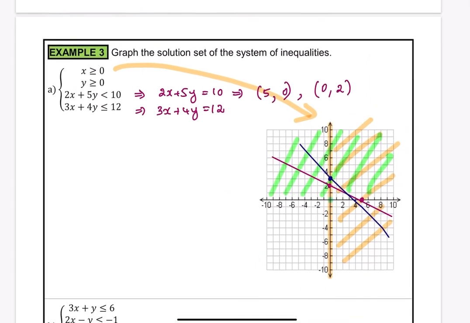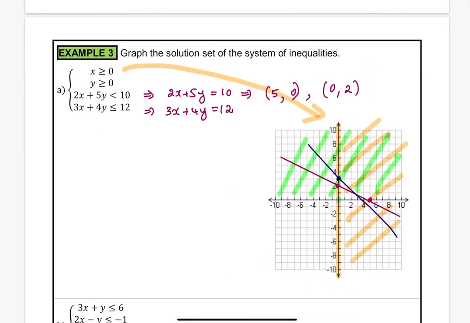Now let's take a look at all these conditions, right? Both of these have positive y here, which is less than over there. So that means it's below these two lines. We are looking at below this line, and below this line.